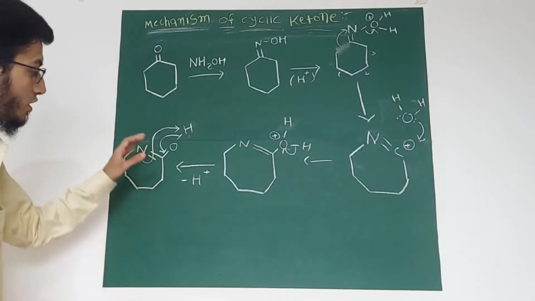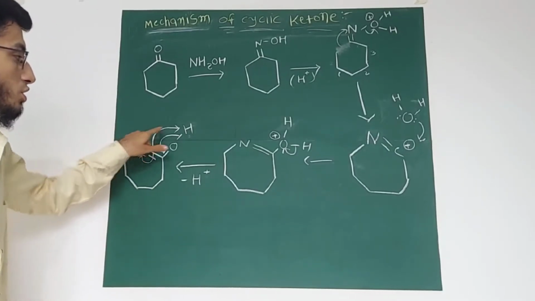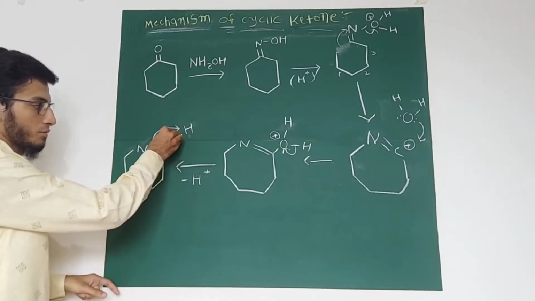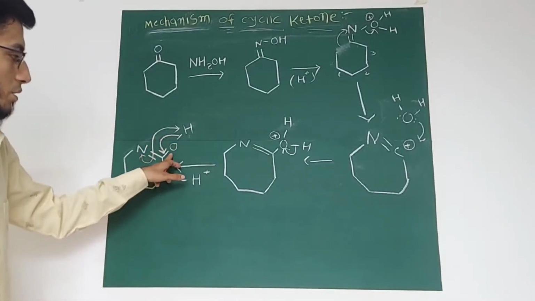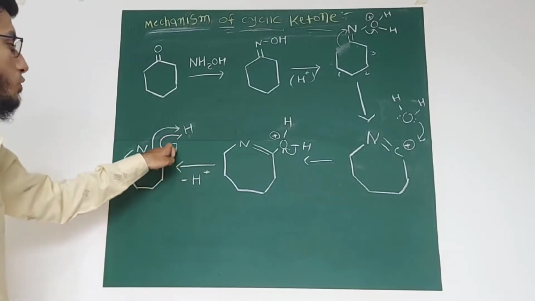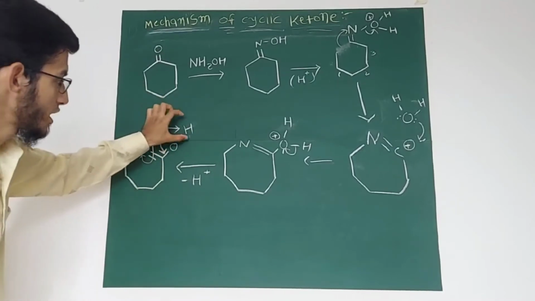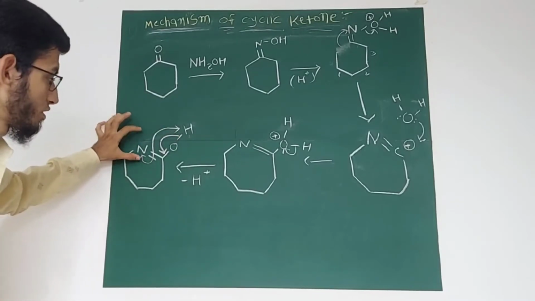Nitrogen will get both electrons and a negative charge, and it gives its electron to the H plus, because here you can see that this bond will come here to make this double bond O. So this H plus will come to this negatively charged nitrogen and make a bond with it.